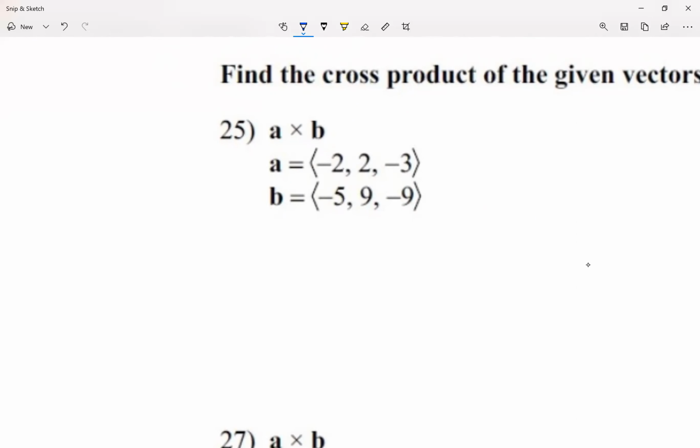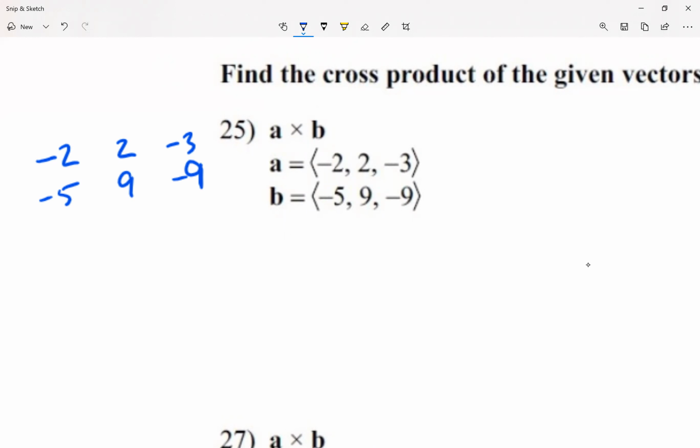As a matter of fact, let me write my values. The first vector has the values -2, +2, and -3. The values of the second vector are -5, +9, and -9. I am going to write the 3 values of each vector.